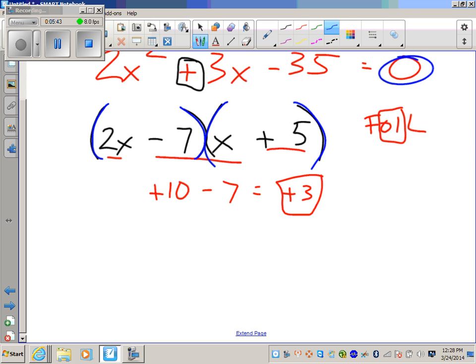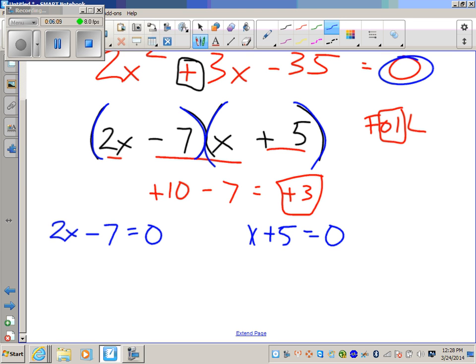That means either this parenthesis has to equal 0 or this one has to equal 0, right? So what I'm going to do is make these two separate equations equaling 0. 2x minus 7 equaling 0 and x plus 5 equaling 0.